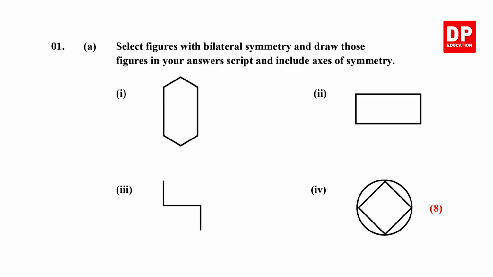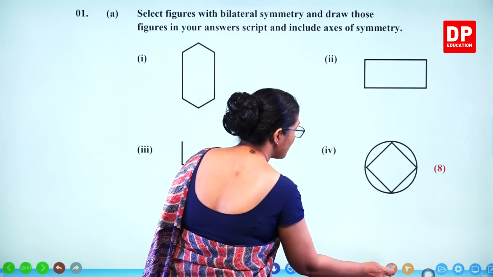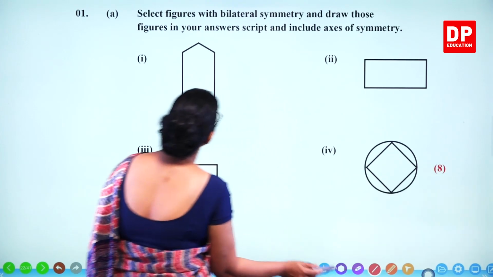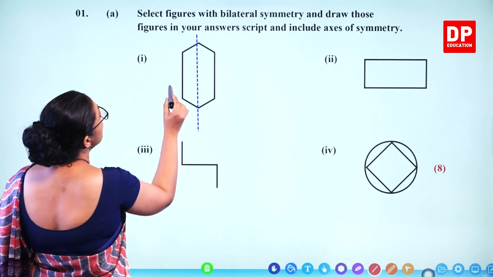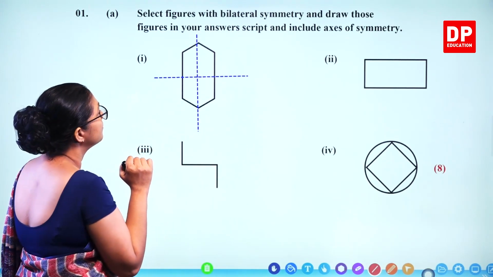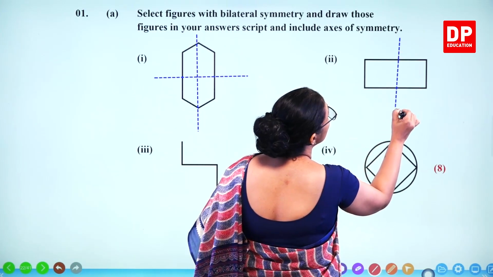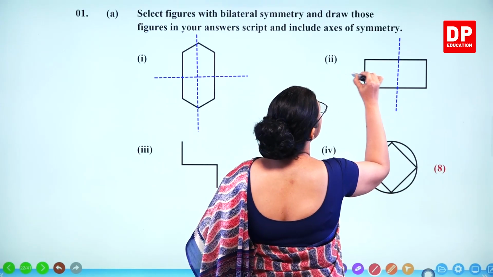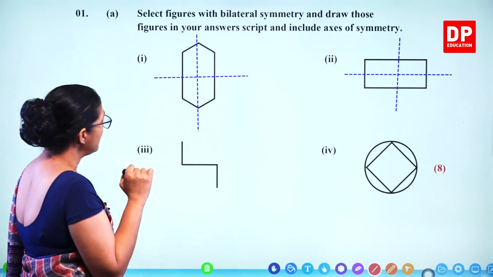Select figures with bilateral symmetry and draw those figures in your answer script and include axis of symmetry. So let's draw the axis of symmetry. So we can see bilateral symmetry is there, 2 axes of symmetry. And here, this one, you get 2 axes of symmetry. Like this. Then what about this one?